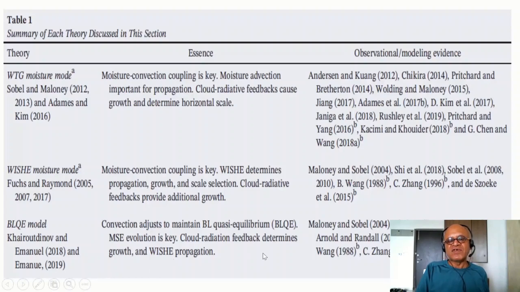Cloud radiation feedback determines the growth of the convection, and Vichy provides the eastward propagation again. So it's a combination of BLQE and Vichy in that sense.